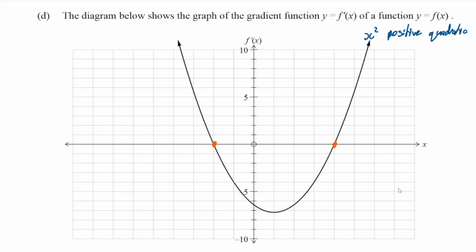So when we take the antiderivative, when we integrate, we would expect a positive cubic, an x cubed. So we would expect this kind of shape. Positive quadratic becomes a positive cubic, which has two turning points. It starts with a maximum and then a minimum.